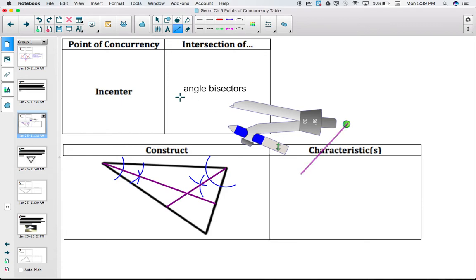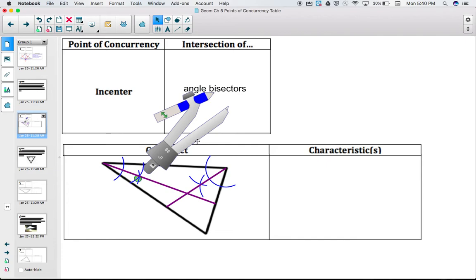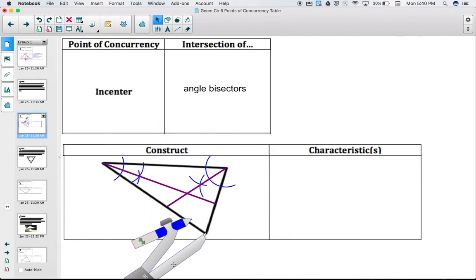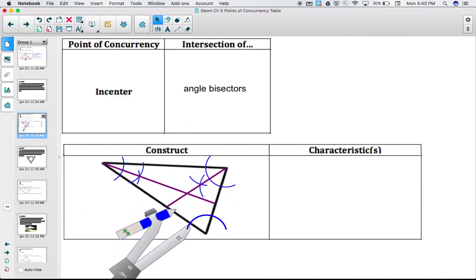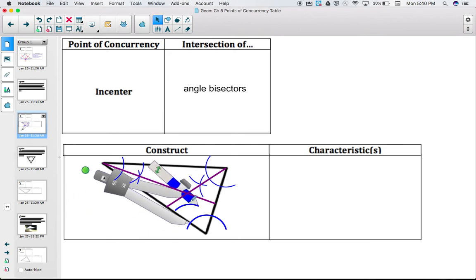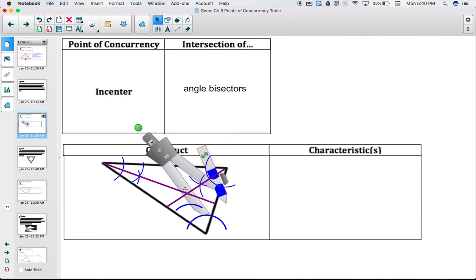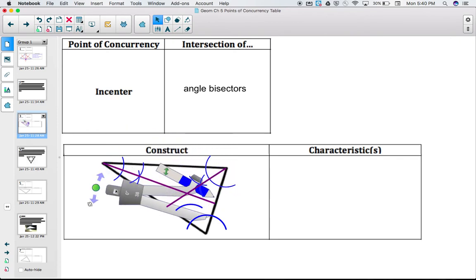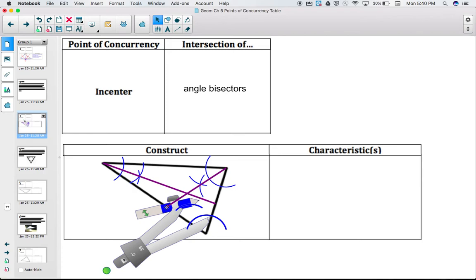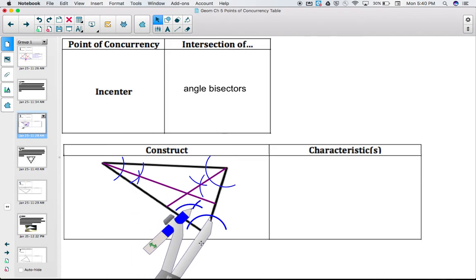And last but not least, we're going to take the compass, put it on this 3rd angle down here. Draw one more arc, move the point to that intersection, draw a little arc, and then move it to this other intersection point here, and draw another little arc like so.